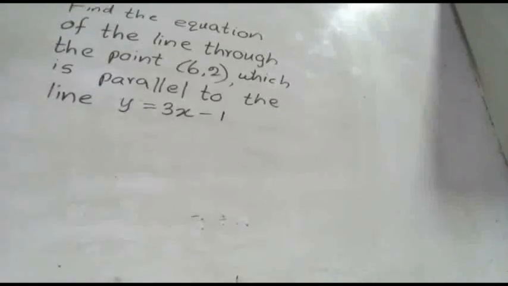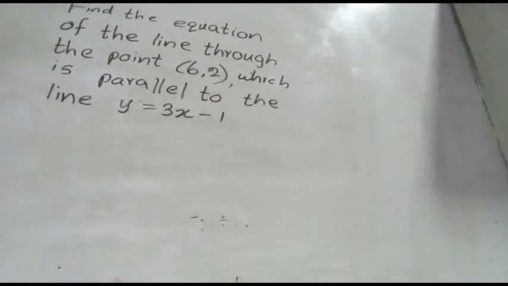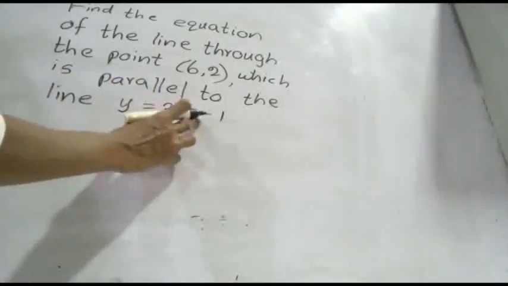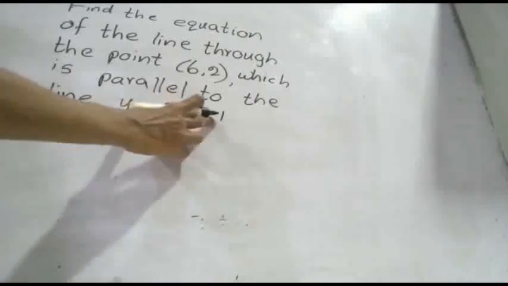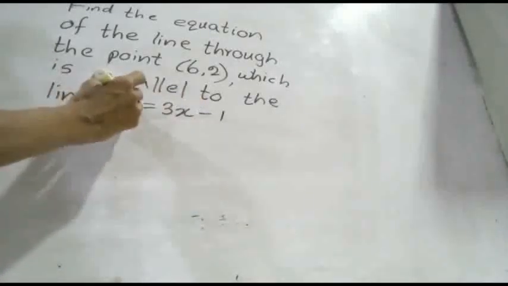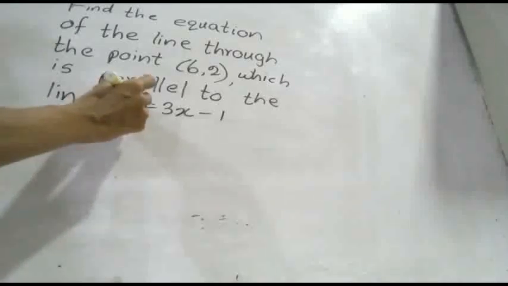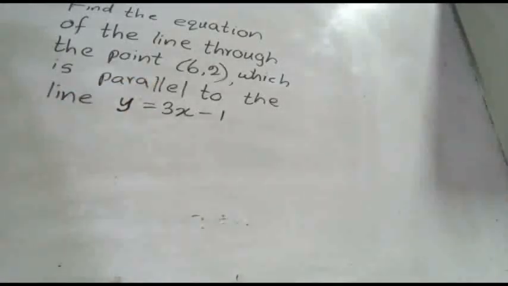Find the equation of the line through the point (6, 2), which is parallel to the line y = 3x - 1. The gradients of parallel lines are equal to each other.